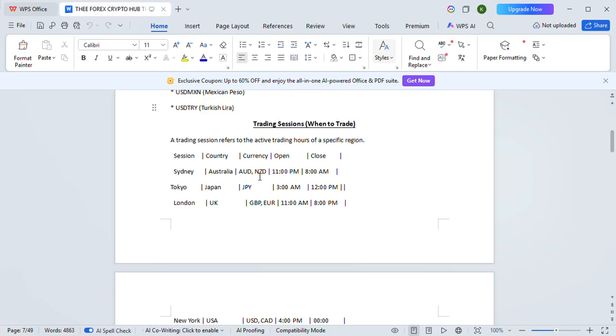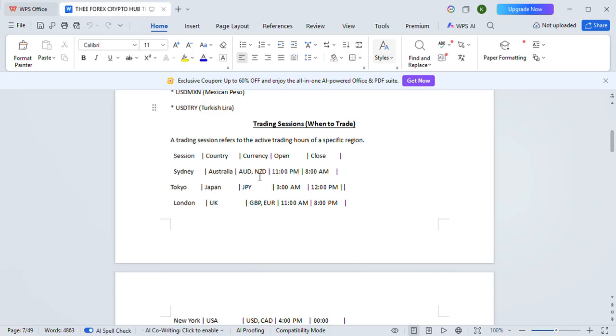What I mean is, if a pair has the Australian dollar as either the base or the quote, you can trade it best during this session. If a pair has the New Zealand dollar as either the base or the quote, you can trade it best during this time.